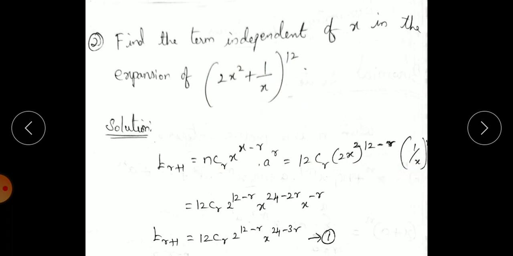Applying that and simplifying, T r plus 1 equals 12Cr into 2 power 12 minus r into x power 24 minus 2r into x power minus r, that is 1 by x whole power r. So T r plus 1 equals 12Cr 2 power 12 minus r into x power 24 minus 3r. Take this as the first equation.